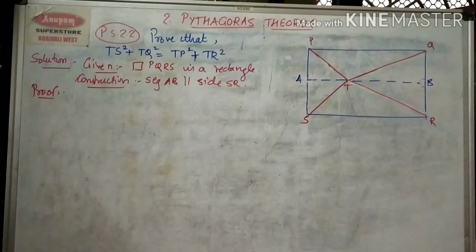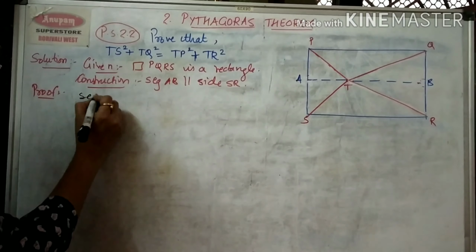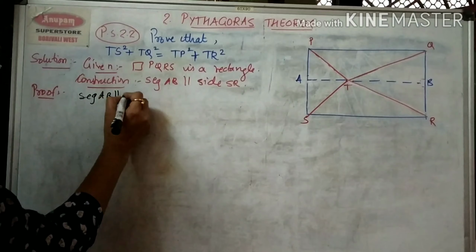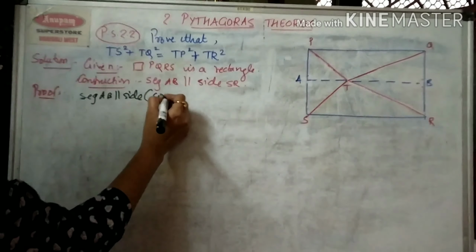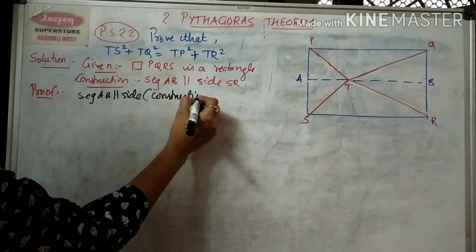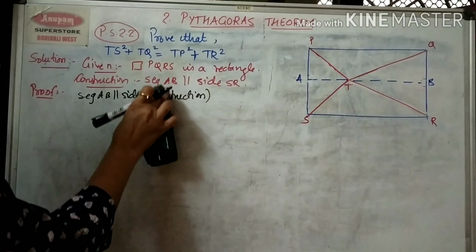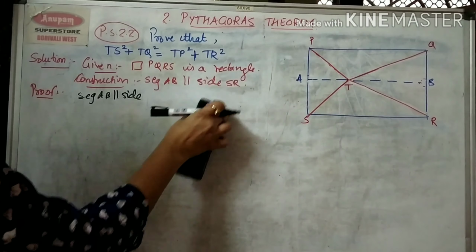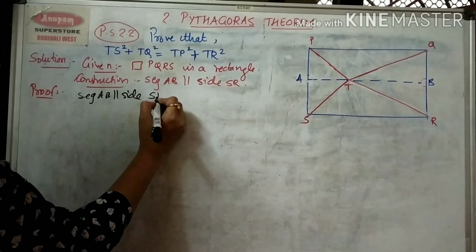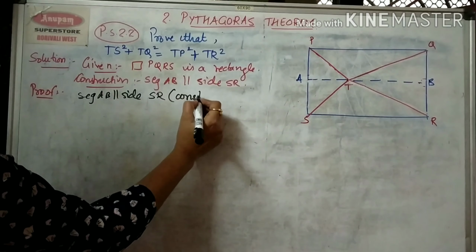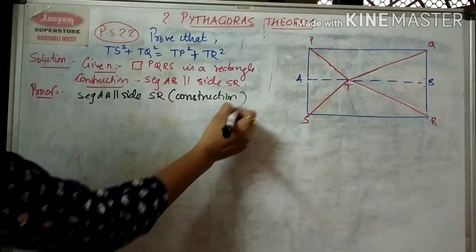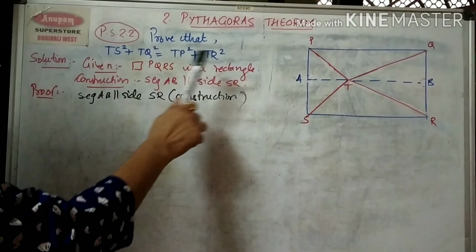And see, first thing I'll write down: seg AB parallel to side SR, reason will be construction. Okay, I'm so sorry, I did not mention the side SR. Seg AB is parallel to side SR, this will be the construction. Okay, next part.